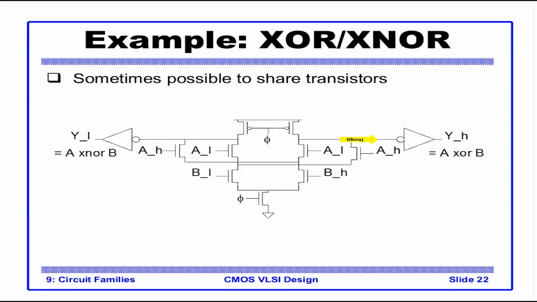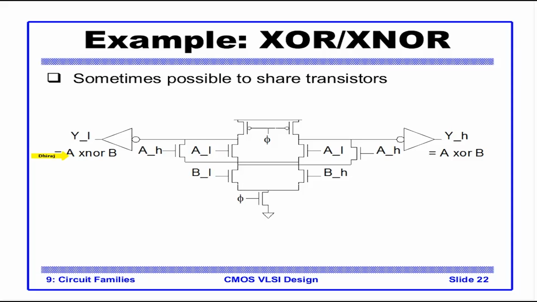This node here is the complement of whatever we saw, that is A into B invert plus B into A invert. The complement of that goes to an inverter and gives the XOR function. Similarly, the node here gives the XNOR function. You could try drawing it on paper and see how the transistors are shared.